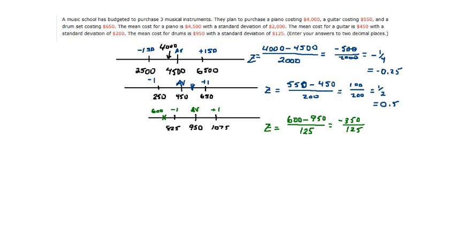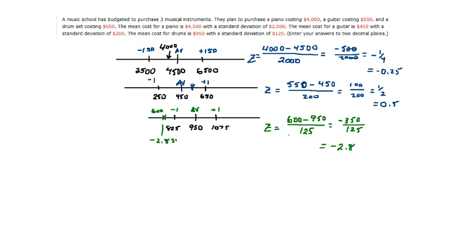We take 600 minus 950, which is negative 350. We divide that by 125, and we get negative 2.8 in this case. So our cost is negative 2.8 standard deviations, and that is standard deviations to the left.